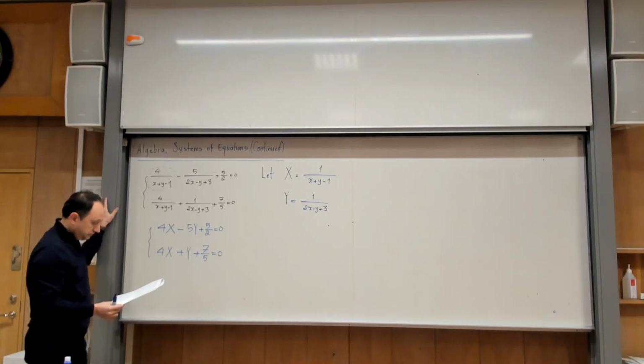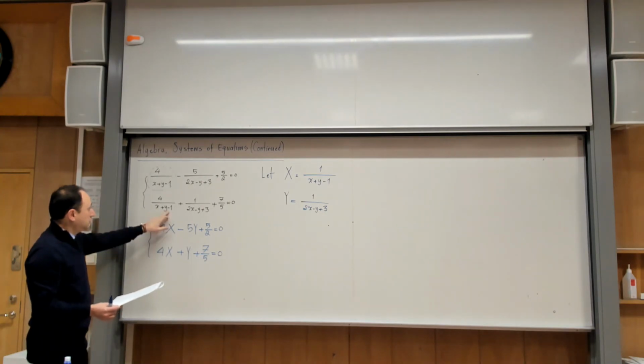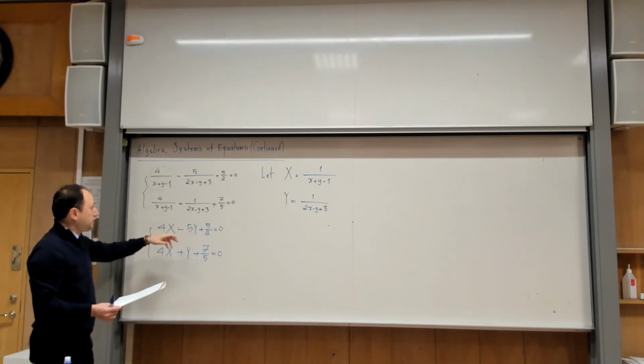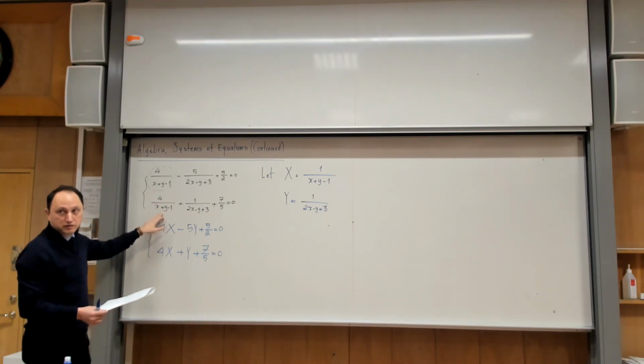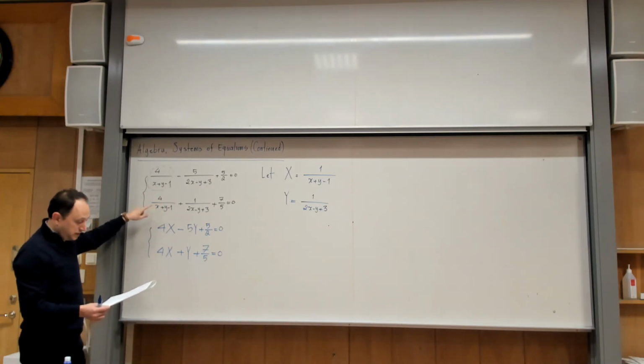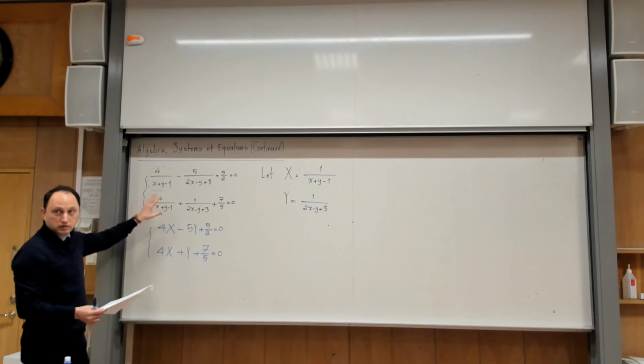Only in one of them, the 4 over x plus y has plus 1 instead of minus 1. This one? Wait. No, even if I have written that, if they are different, that is wrong. The one that I have written here is now correct. I can double check. That is correct.